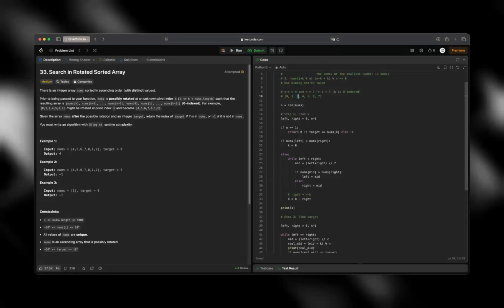Sorry, what I meant was, it would be 0, and this one would be 1. So 1 divided by 2 is 0. So it's a 0 index that is given by mid.